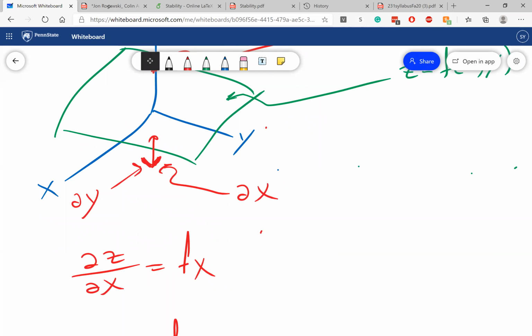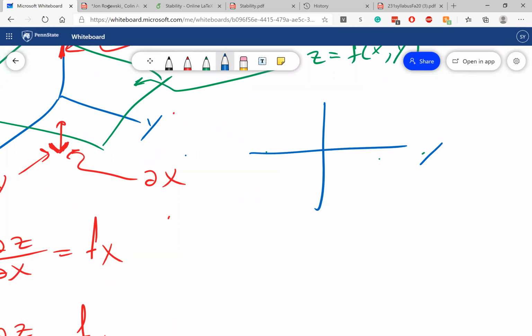So let's draw the xy coordinates. Here's my x and here's my y. Until now we've done either varying your x, or varying your y, and seeing how z changes. But now we want to go in some other direction, not x, not y. We call that a directional derivative.